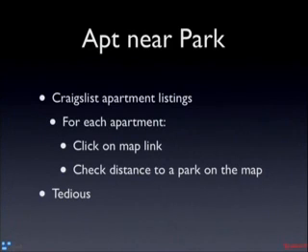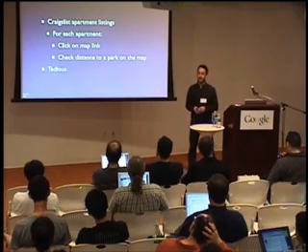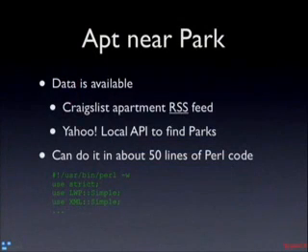As I soon found out, that's a very tedious process because there are new apartments constantly posted on Craigslist, and to go through 20 apartments every day is very time-consuming. And being an engineer, I immediately started thinking, well, how can I solve this problem for myself? Technically, it's possible because Craigslist has an RSS apartment feed for any of their searches.